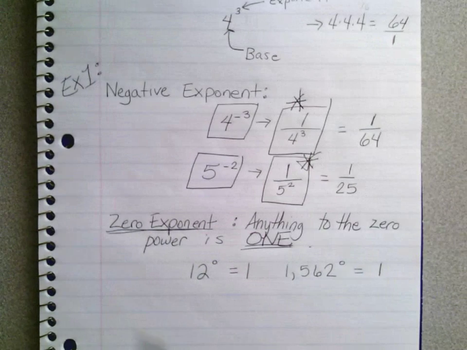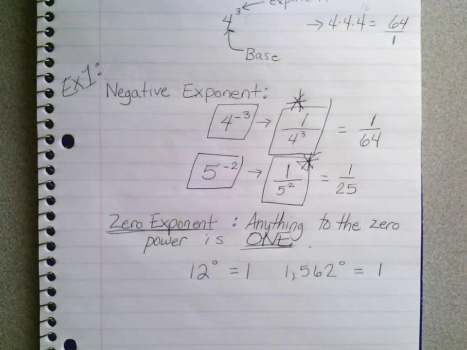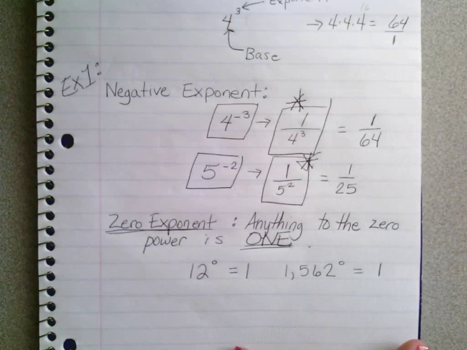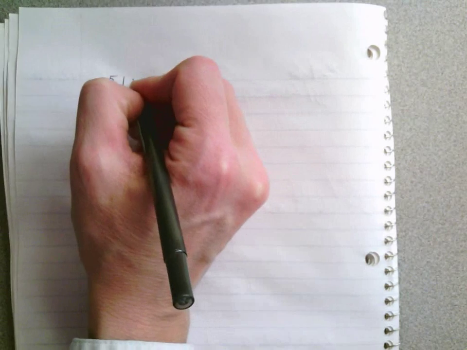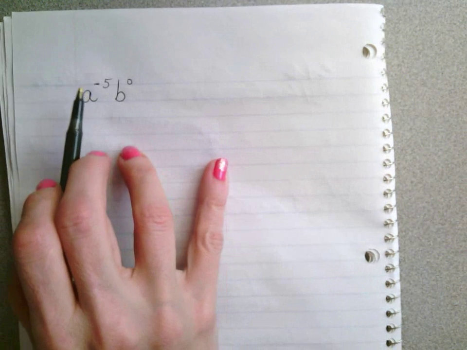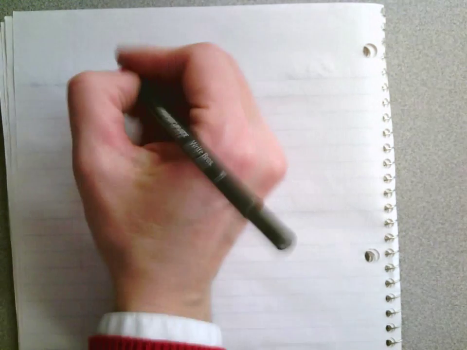Now, what if I added a little more detail to this? Let's take it a step further. Let's mix it up a little bit. We're still in example 1, I'm sorry to say. A to the negative 5th, B to the 0. Remember that anything to the 0 power becomes a 1. That means this no longer says a to the negative 5th times b to the 0.